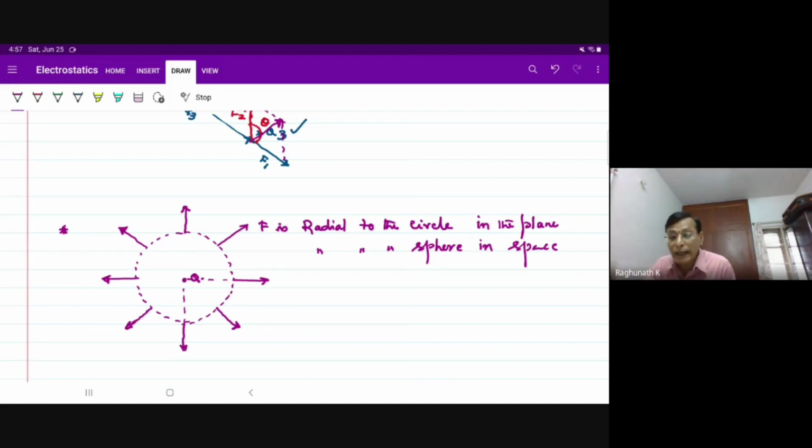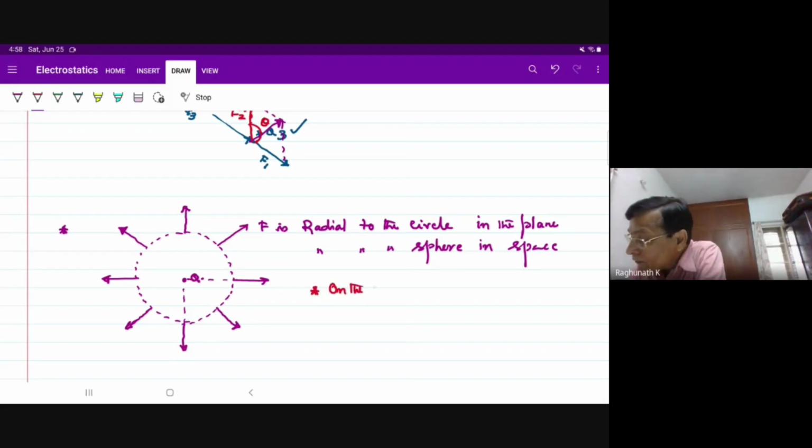Whether you consider a circle having the charge at its center or a spherical surface having the charge at its center, at every point on the circle or sphere, the second charge experiences the same radial force because its distance is the same. On the given plane, the field is circularly symmetric, and in space, it is spherically symmetric.